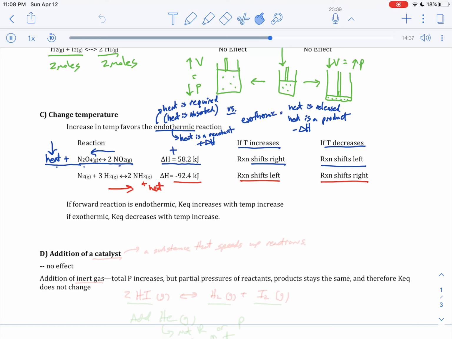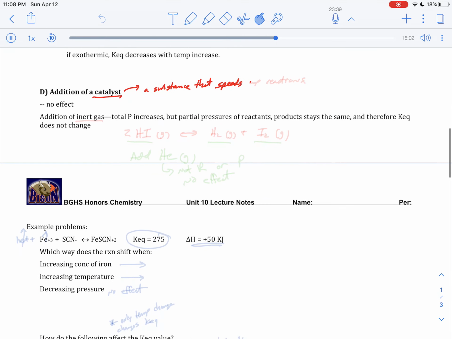Okay. This is part of a unit that we're not going to talk about. A catalyst is a topic of kinetics, which is not in this course. But just so you know, a catalyst is a substance that speeds up reactions.